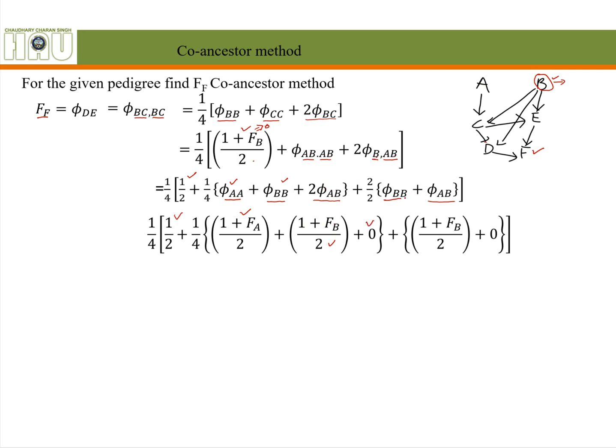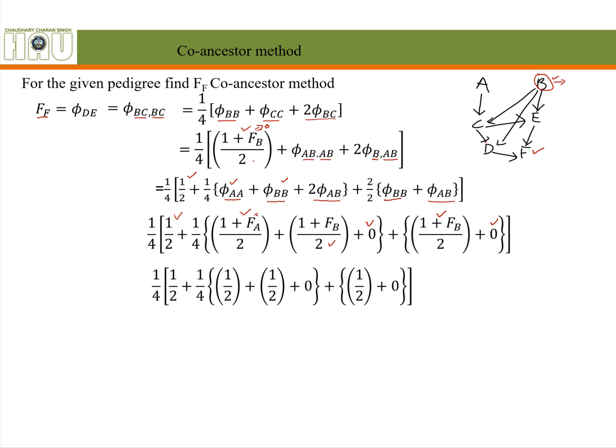Then phi BB again is 1 plus FB by 2, and phi AB is again 0. So if I substitute the values here, I will get 1 by 4, 1 by 2, 1 by 4. Now the inbreeding coefficient of A is 0, the inbreeding coefficient of B is 0.